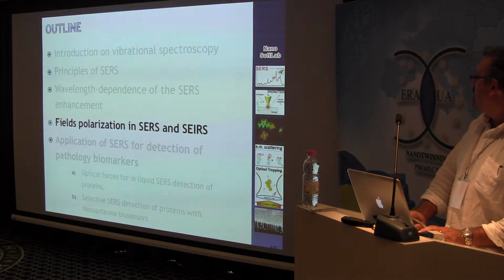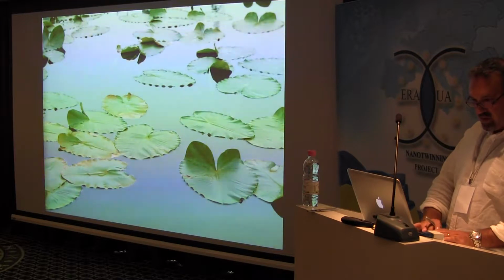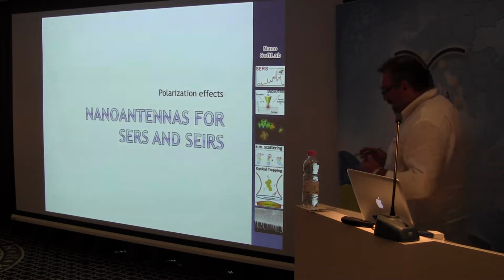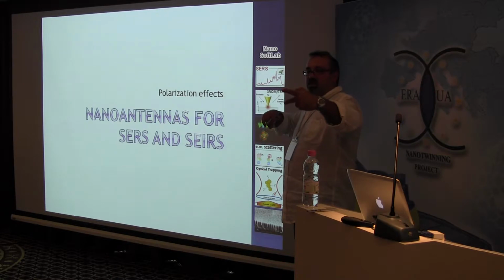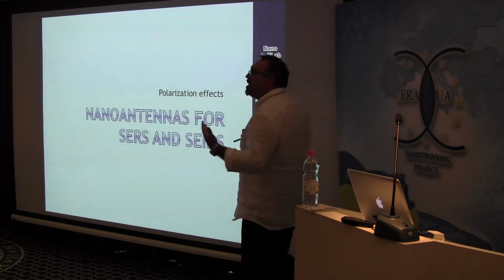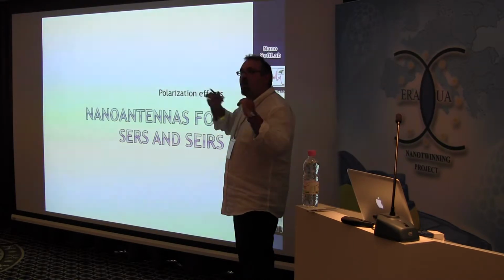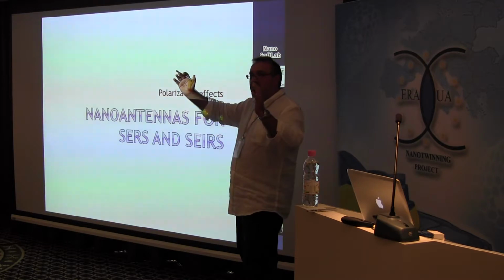From the field polarization inserts, I will extract only one part that deals with the importance of having the two resonances. I will not talk about polarization, we just talk about the fact that, as we said before, elongated nanorods have two resonances. So we can think about using the same nanoantenna to amplify both the SERS, the Raman, and the infrared.